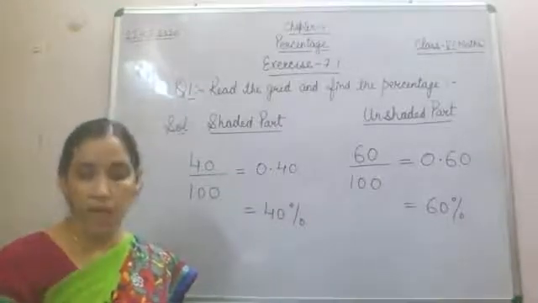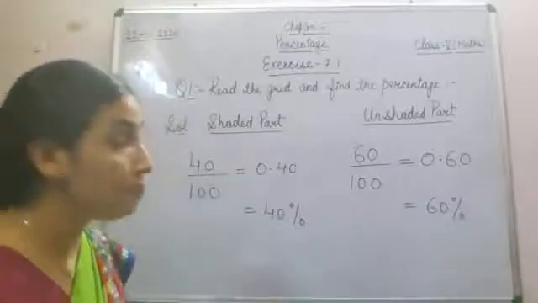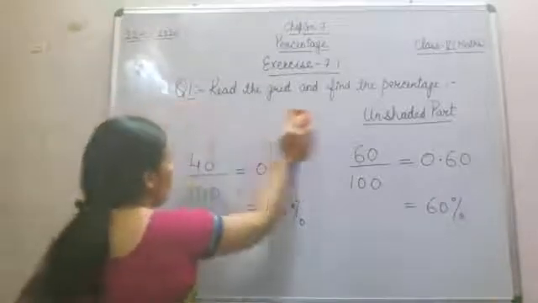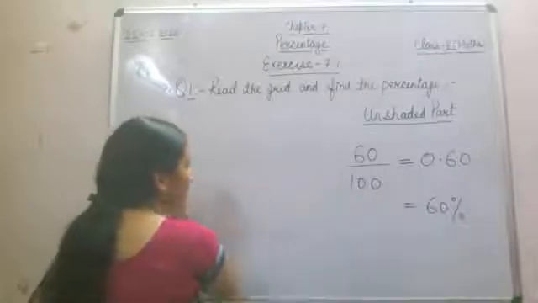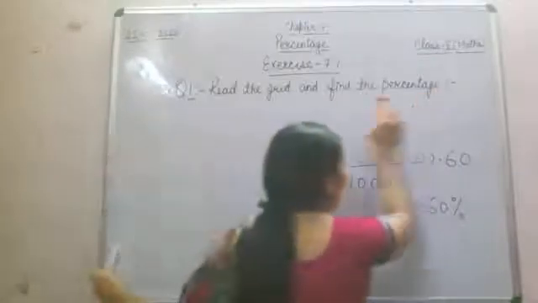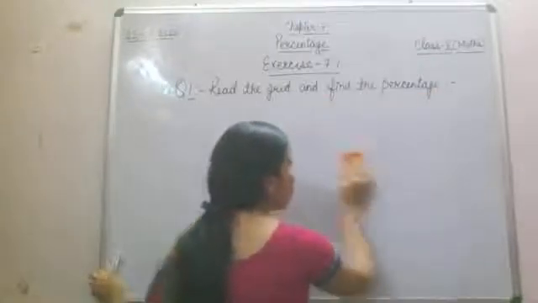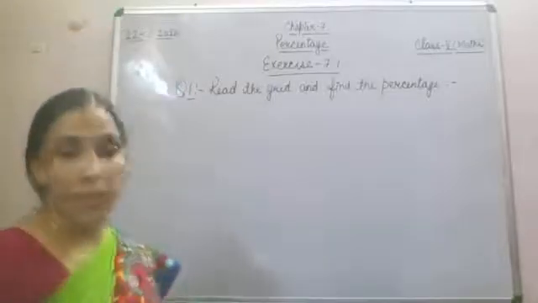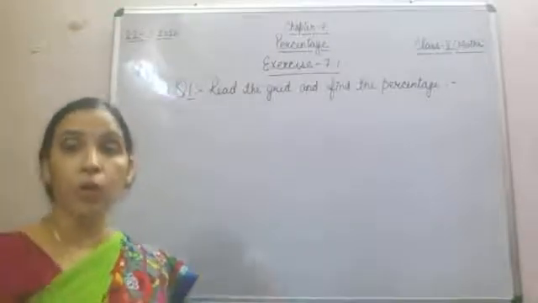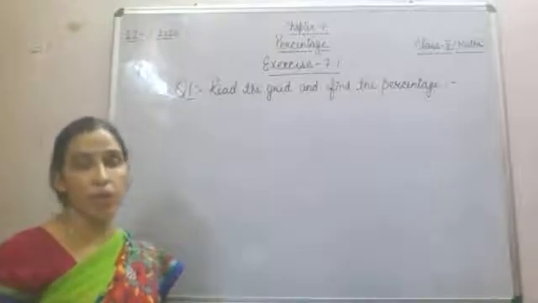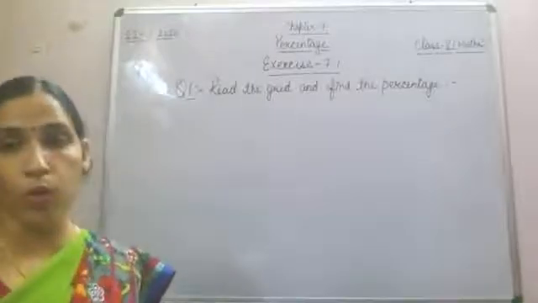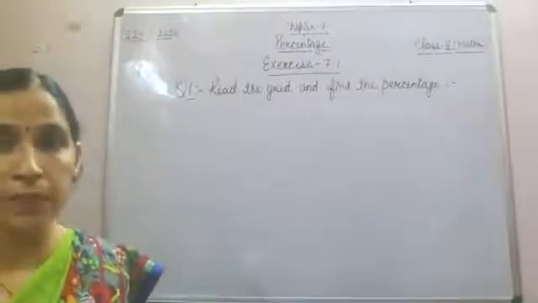For example, if you have been given 25%, then you are supposed to shade what? Out of 100 you will shade 25 portions. So let's see how you will do these questions.